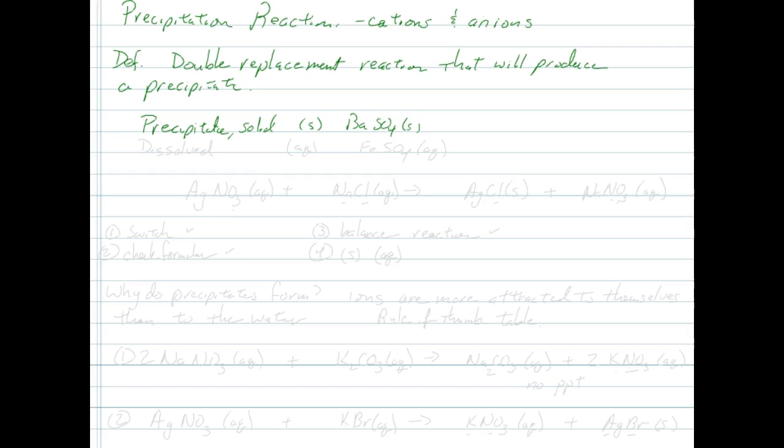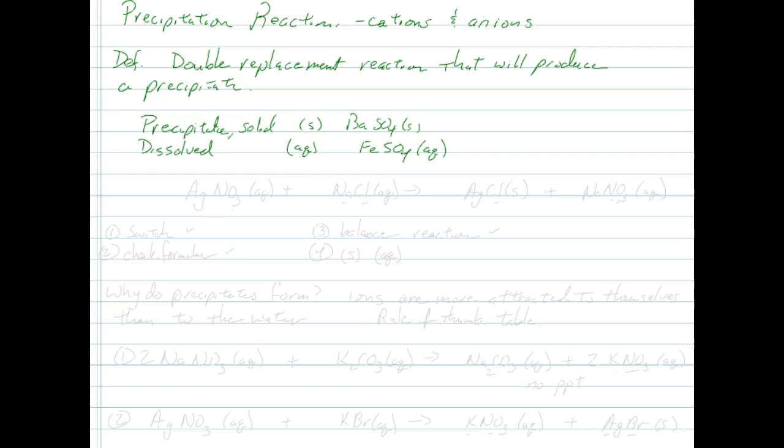If it is dissolved, if it does not form a solid, you put an AQ after it. So if you have FeSO4, you would put an AQ, and AQ stands for aqueous, like aquarium or aquatics, which is Greek for water.